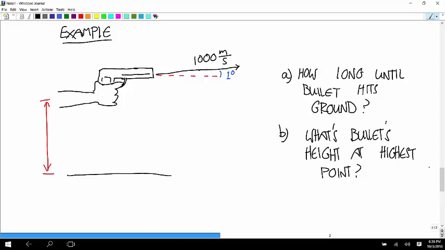Well, the answer is even though that's a very small angle, the bullet's going so fast that it's going to take a lot longer to hit the ground. I can't remember how much longer, but a lot. And the bullet height is going to be high because, well, let's just see how it works.